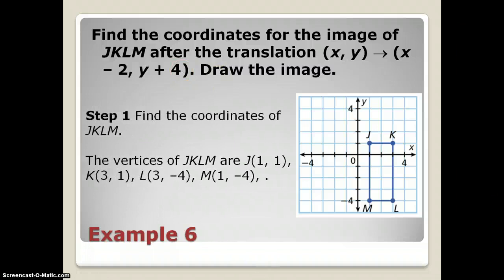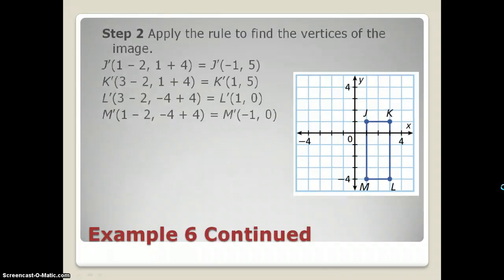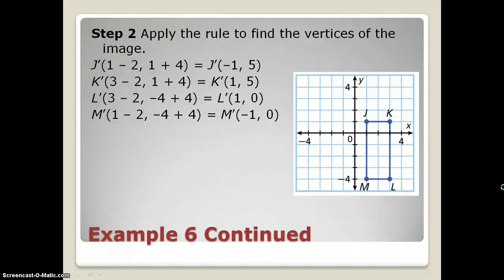Let's find our coordinates first, and then we apply the rule and draw our new rectangle at these vertices. Once again, we've taken our rectangle and just moved it up and over.